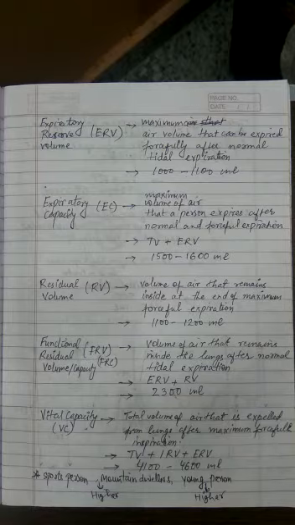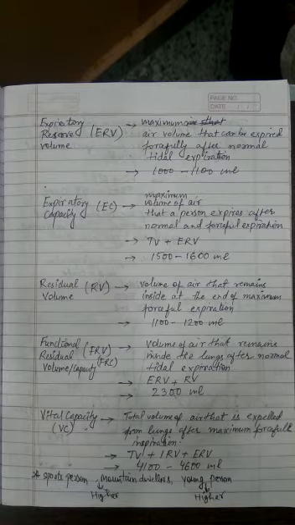Now functional residual volume, or FRV or FRC, is the volume of the air that remains inside the lungs at the end of the normal tidal expiration. So after normal, that means without any force, tidal volume of the air, once we have expired out, that is 500 ml, all that volume which remains inside is called as the functional residual volume.